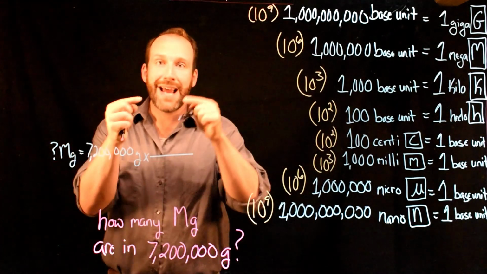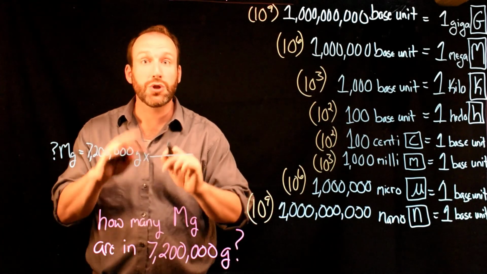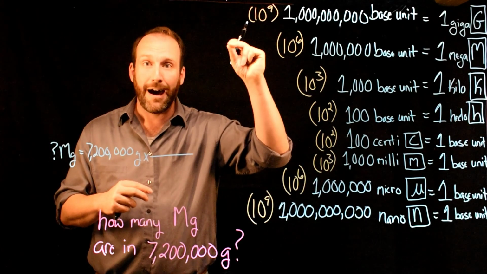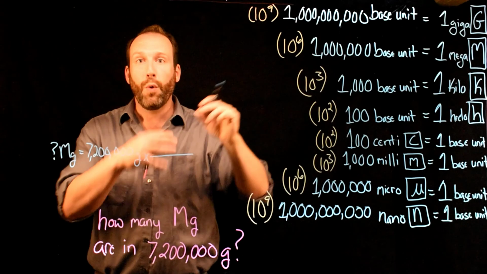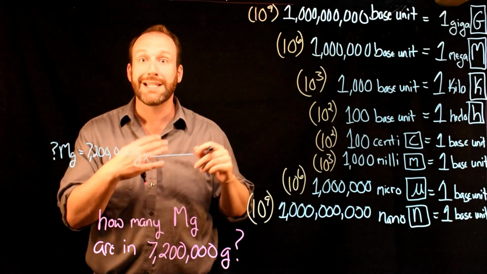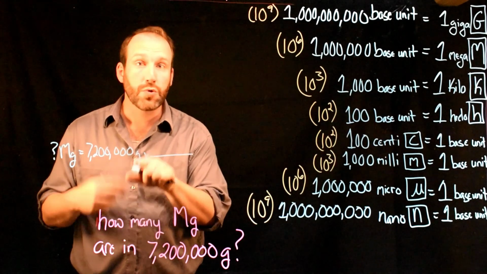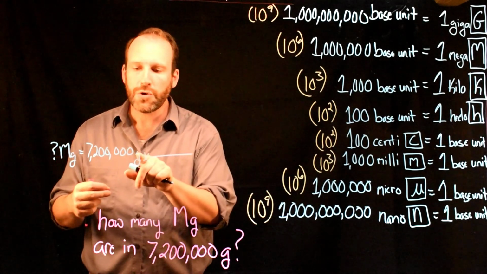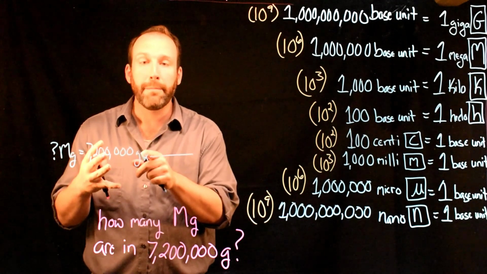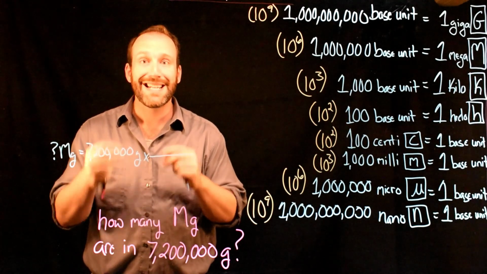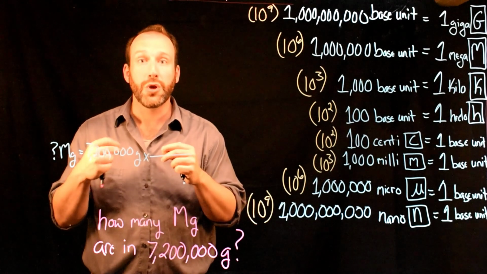And so I can take that relationship and put it into 2 different fractions, one with the 1 million grams on the top in the numerator, and one fraction in which the 1 million grams is in the denominator. Well, which one do I want? I'm trying to cancel grams. Grams is here in this number, and so that means that I'm going to want to divide by some number that contains the unit grams.